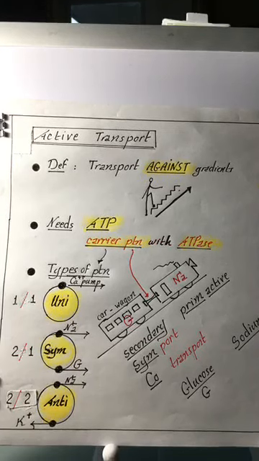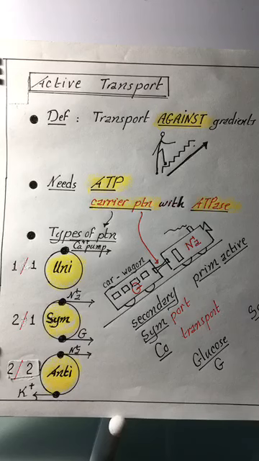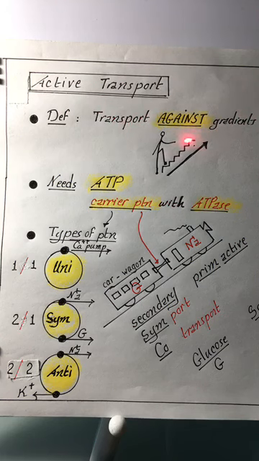The active transport, compared with diffusion, by definition, is diagrammatically the opposite. It is transport against gradient. Against, not with gradient, it's against gradient.